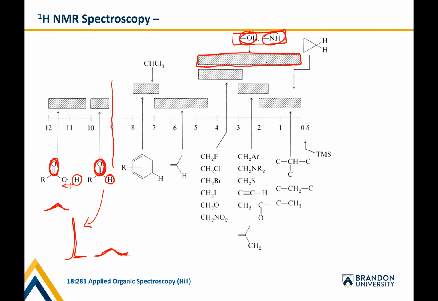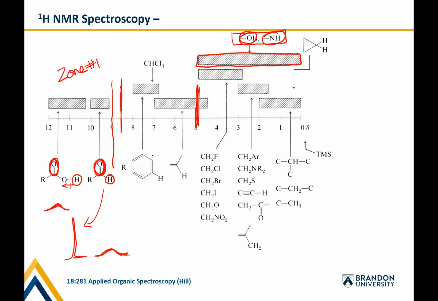The second zone, so I'll call this zone 1, is approximately around 6.5 or so to 8.5. If I can change the color of this, I'll go down to 5.